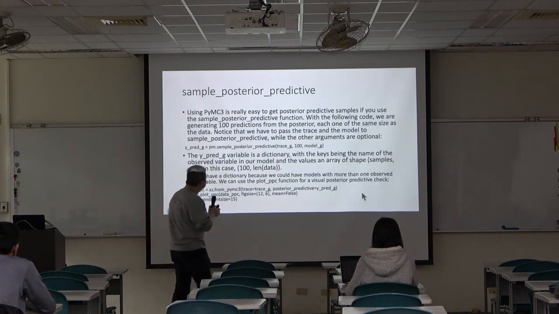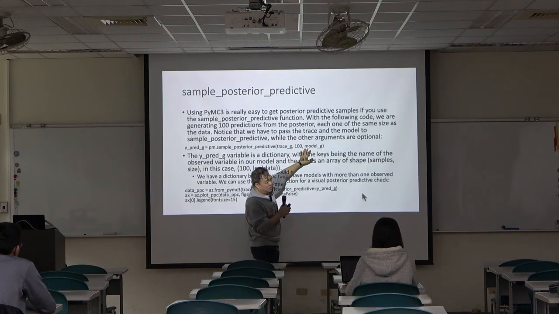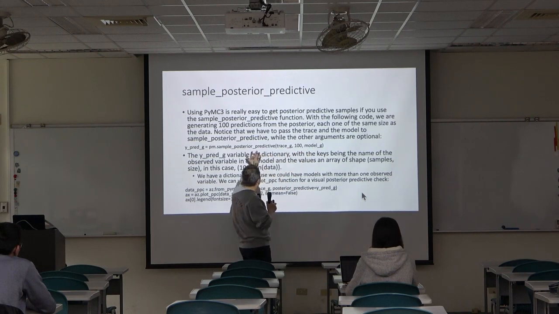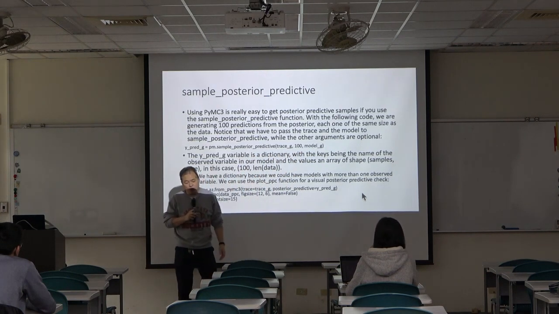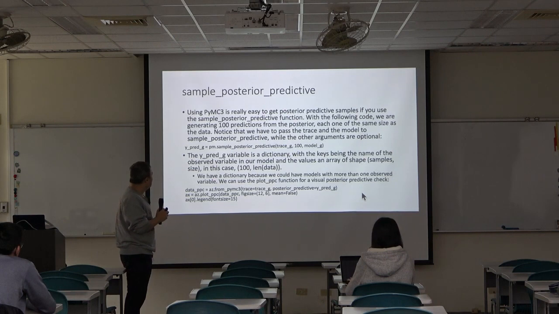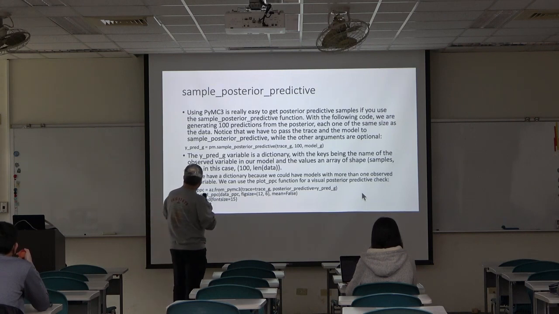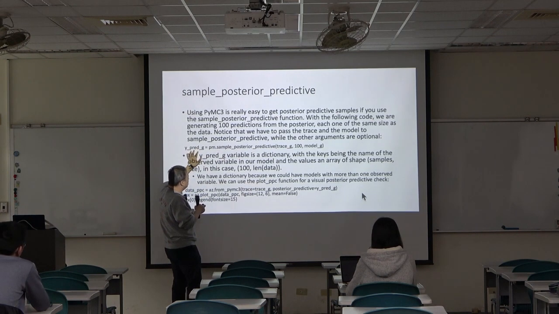So here you put the trace, which represents the posterior, and also provide the model, which tells the function what likelihood it can use to generate the predictions. The 100 just means you want 100 predictions. After that, you store the result in y pred g.